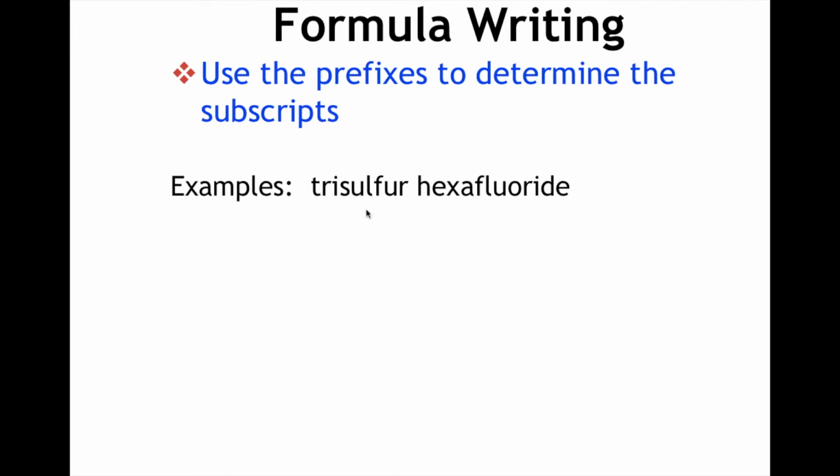Sulfur's symbol is S, and there's 3 of them, tri, okay? So it would be S3, and then hexafluoride. Fluoride would be an F, and hexa would be 6, so it would be S3F6.